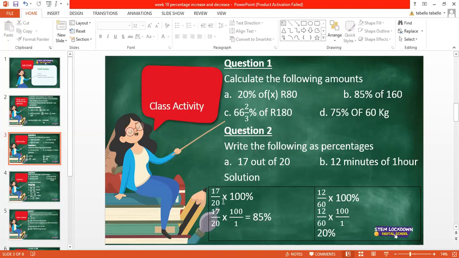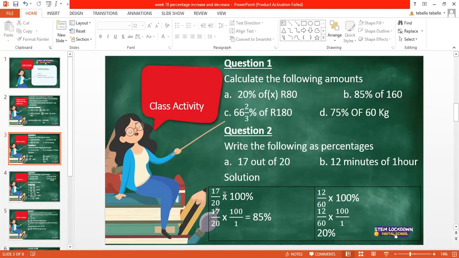In order to get your percentage, you must multiply by 100. I told you that when you think of a percentage, you must think of 100. When you see 20%, it means it's 20 over 100. And when you want to find a percentage, you must multiply by 100. You can't do it any other way.